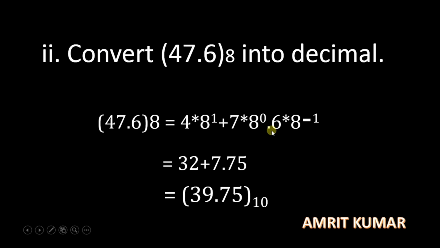Therefore I am using minus 1 here. 8 to the power minus 1 is 1 by 8 to the power 1. After dividing 6 by 8, we get 0.75. After calculating these terms, we get 39.75, which is the decimal number.